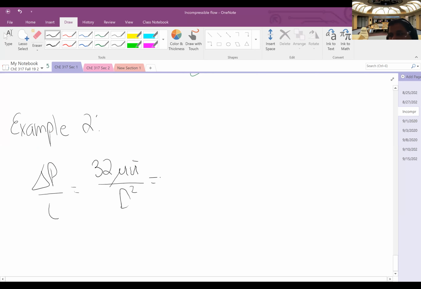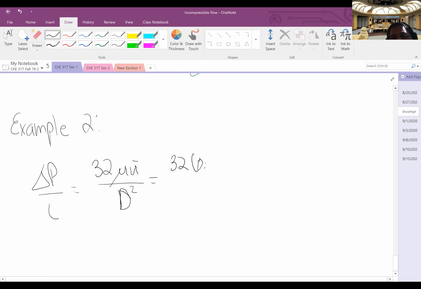Quickly for notes purposes, this can be solved by plugging into the expression, which is a rearrangement of Hagen-Poiseuille, which ends up being 32 times viscosity times velocity over diameter squared.